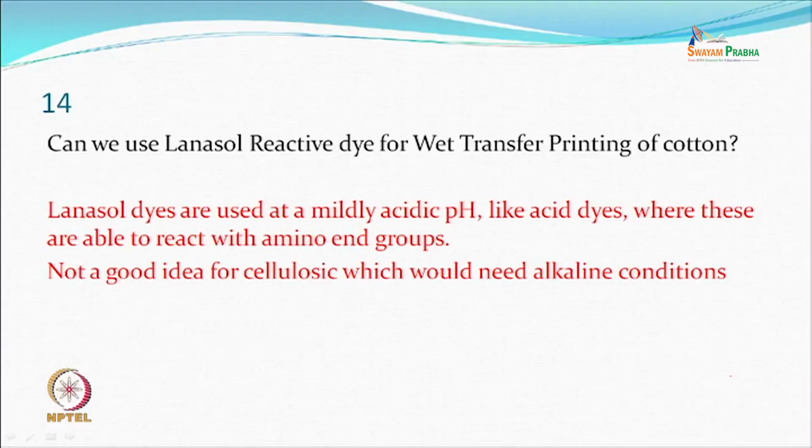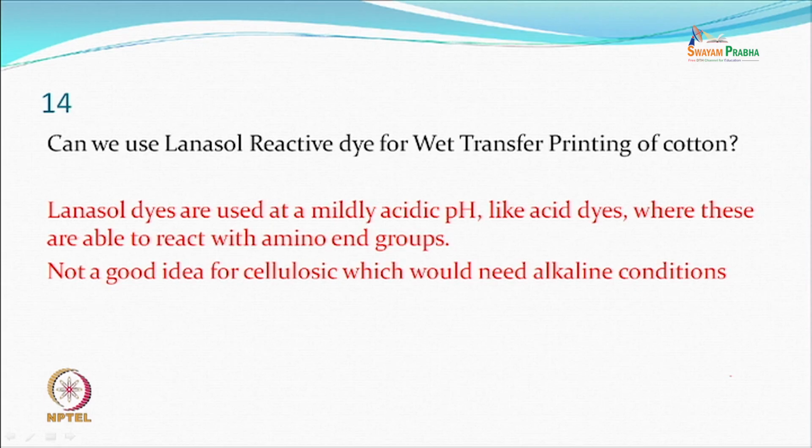And it will be more stable also in acidic medium. Otherwise, with water, temperature and alkali, both the groups would immediately get converted to something else if it is alkaline medium. So, they work in the acidic pH where they are able to react with amino end groups. Okay.